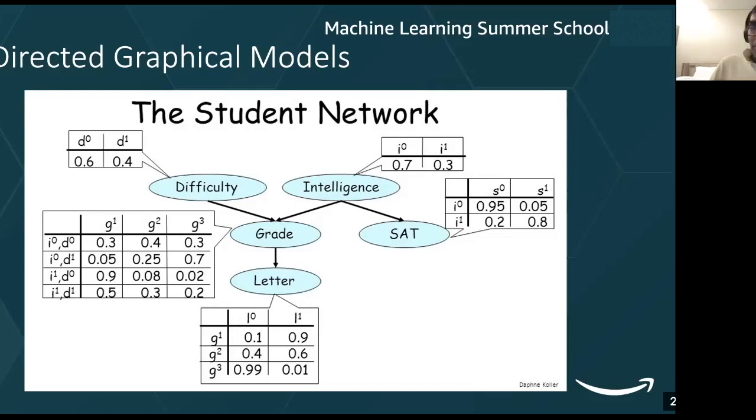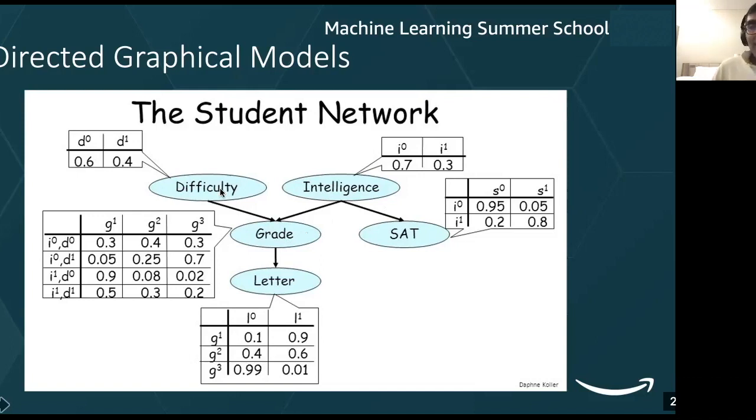The tables next to these nodes encode the conditional probability distributions of those nodes. Here, if you look at difficulty, you have 2 levels of difficulty, D0 and D1, and the numbers there, 0.6 and 0.4, correspond to the probabilities associated with those difficulty levels.